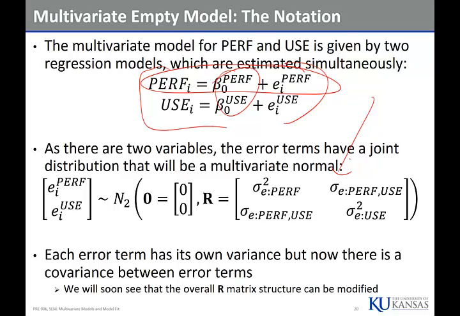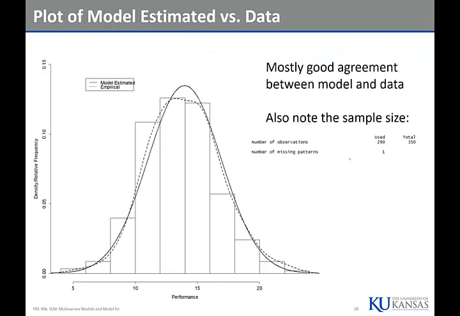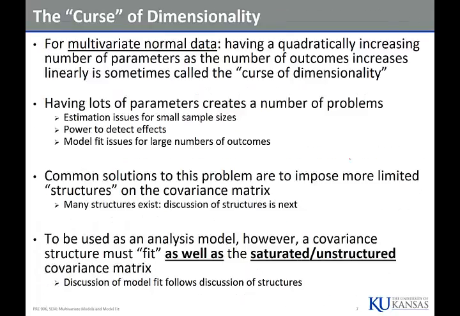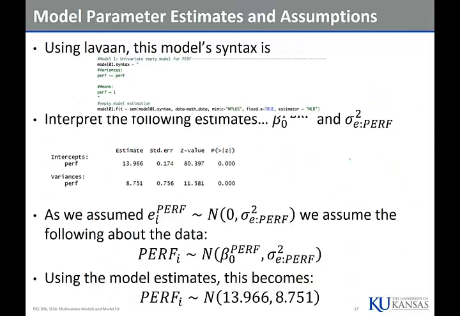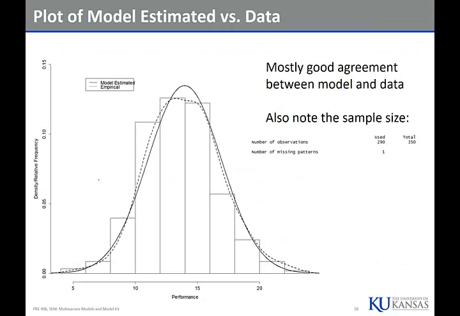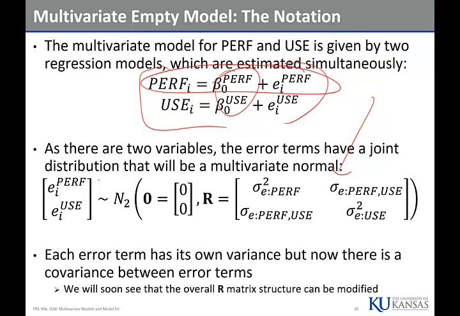So in a univariate regression, we always used to say that this error term was normally distributed. Well, when you have more than one of them, we're going to take the generalization of a univariate normal to describe them.